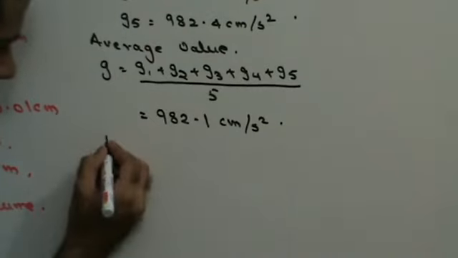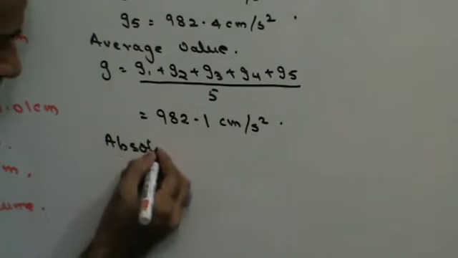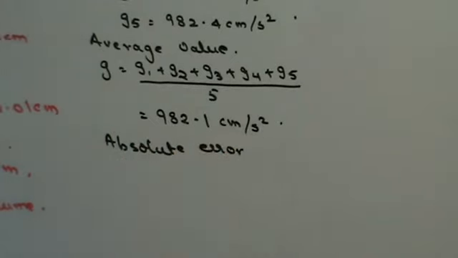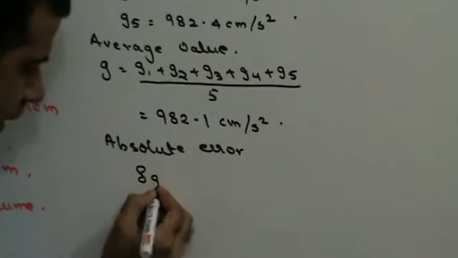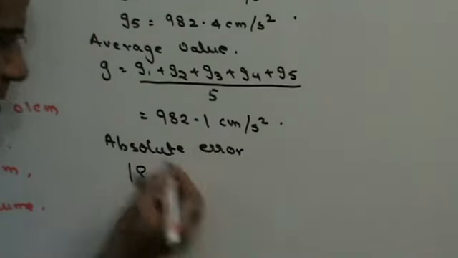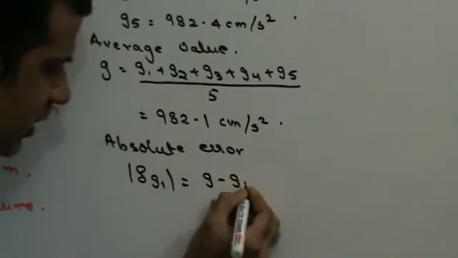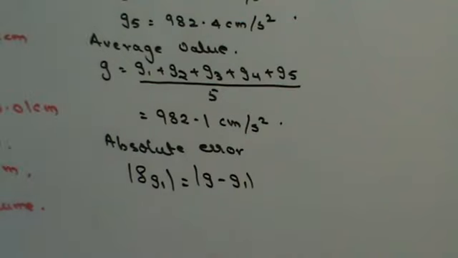Now, let us find out the absolute error. Absolute error is the difference between the average value and the given value. So, absolute error of G1, modulus, will be nothing but G minus G1 modulus.